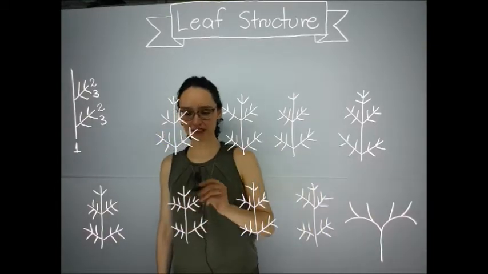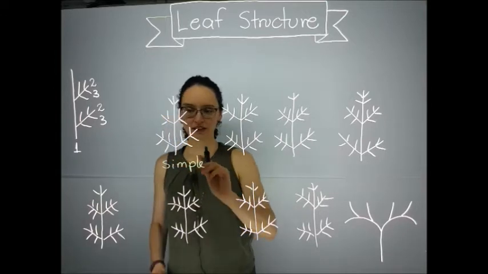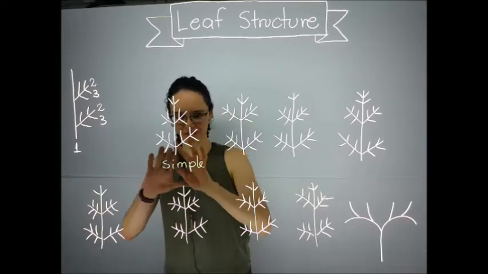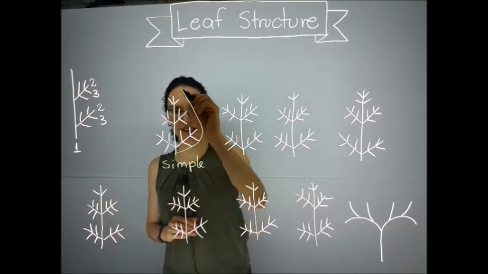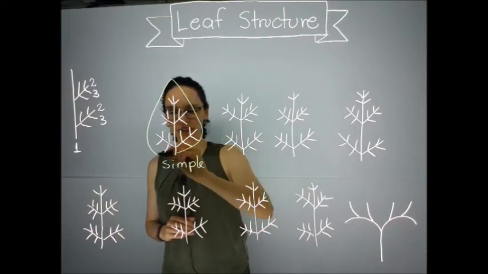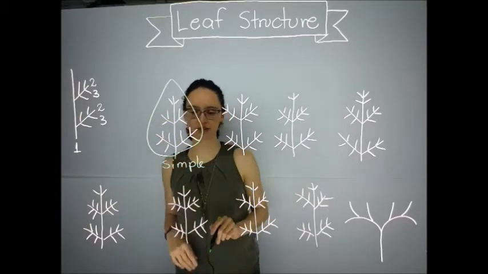So on a simple leaf, the blade, or the green flat photosynthesizing part of the leaf, goes around the whole vascular system. So you see one continuous blade all around the vascular system.